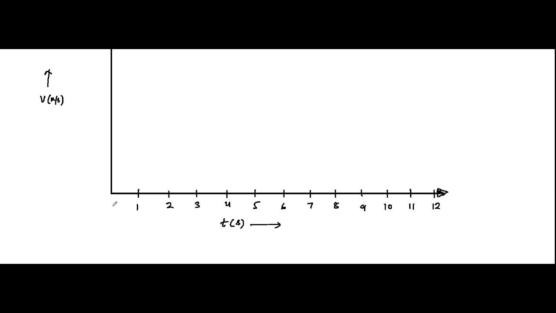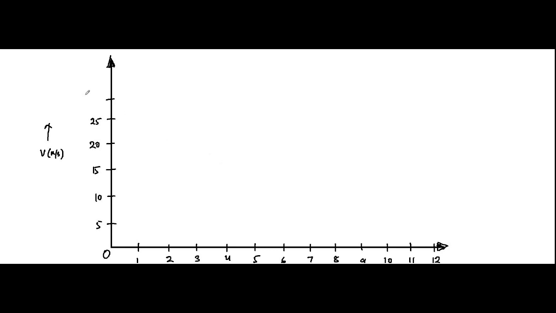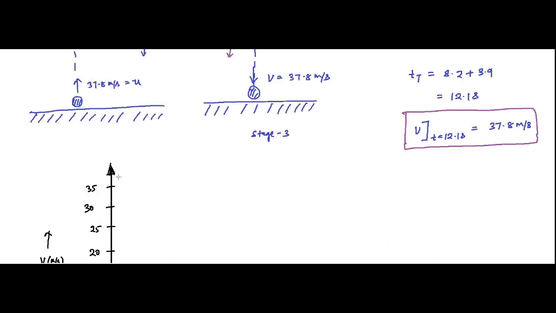This is 0, and for the velocity we will take 5, 10, 15, 20, 25, 30, 35, 40, and here will be 42.